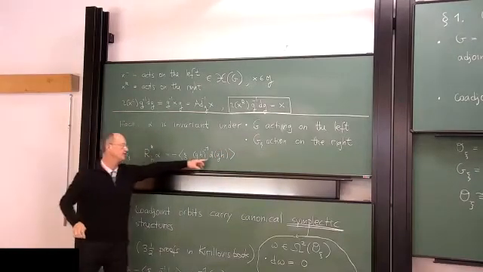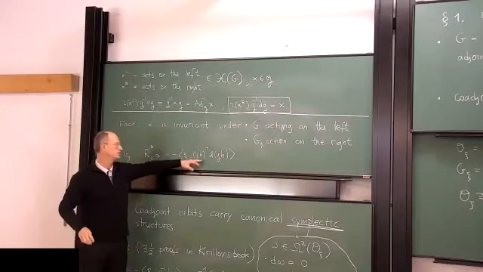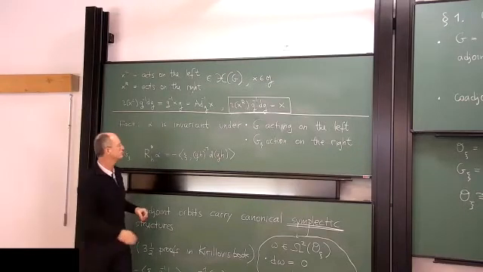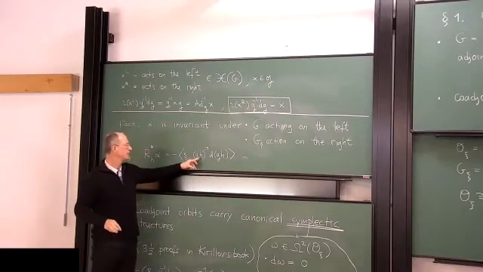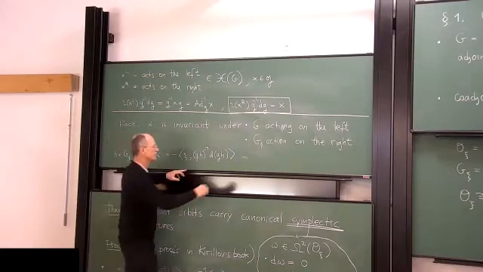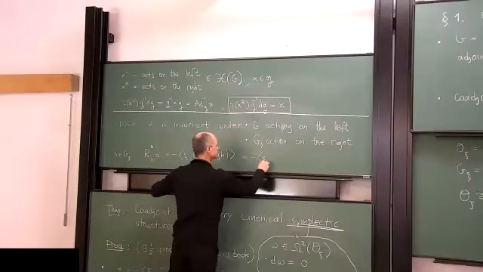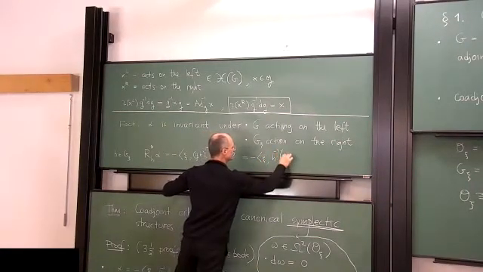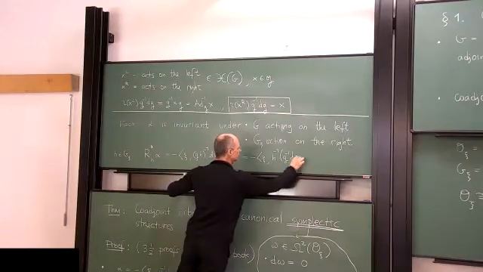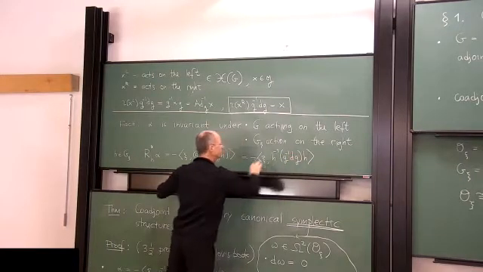Of course, G doesn't act on H. H is a constant, G is a function on the group. So you see what happens. So the form psi, H^{-1}g^{-1}dg H, right?